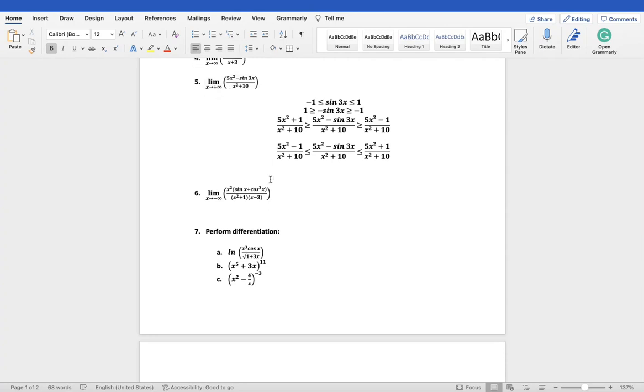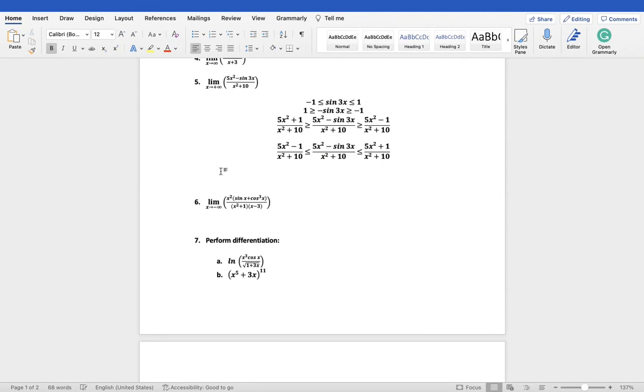So what the squeezing theorem tells you is that if you find the limits of the two functions at the extremities here, you will be able to easily find the limit of the function which is in the middle, which is what you want to do.